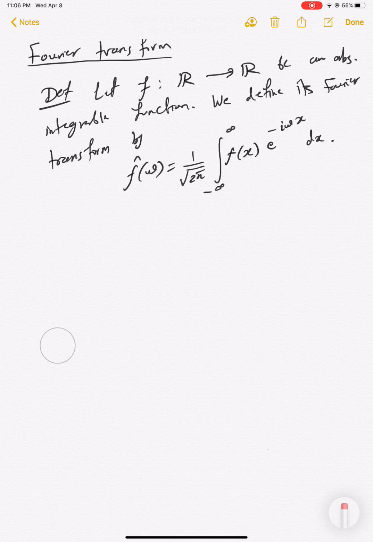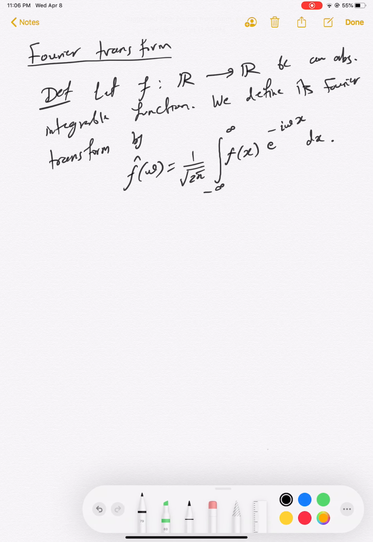Now, why is the Fourier transform defined this way? We'll see this. I will make one particular video on how to obtain the Fourier transform definition from the Fourier series definition. I like to have things organized, and I like students to have the full picture in their minds of how we obtained everything.